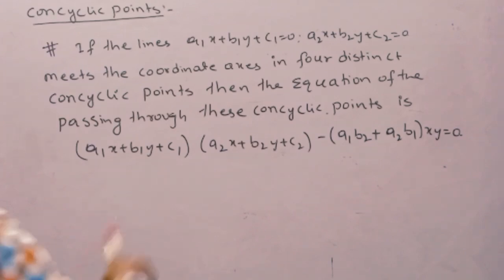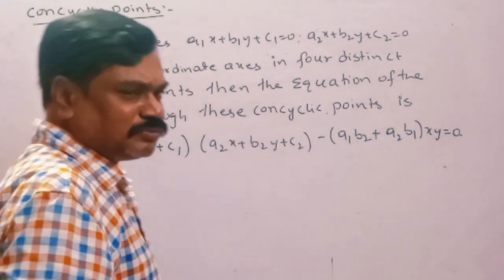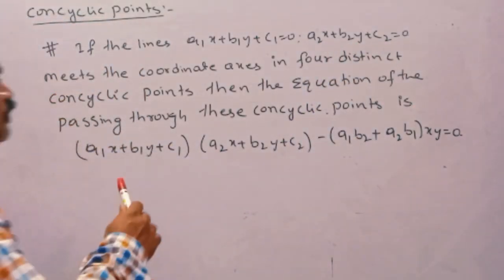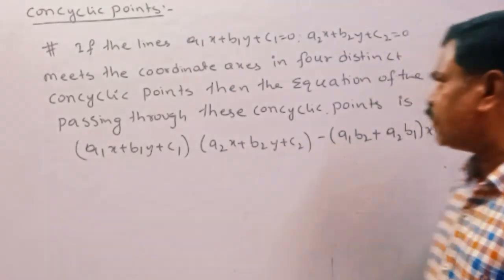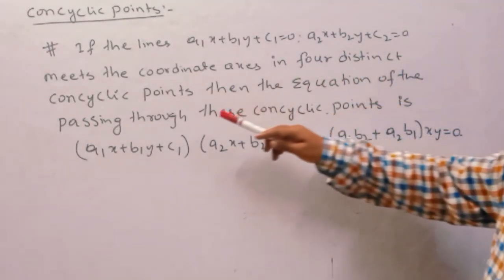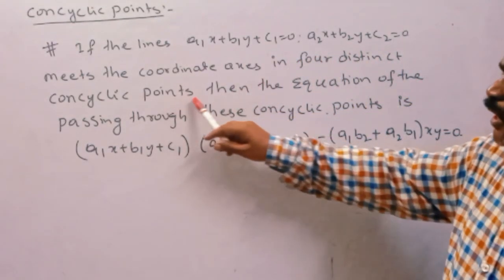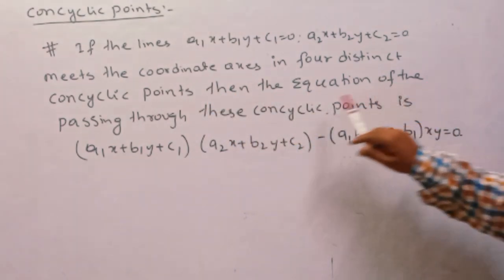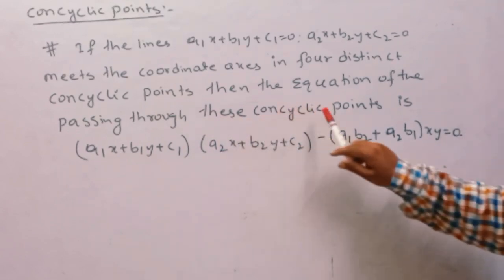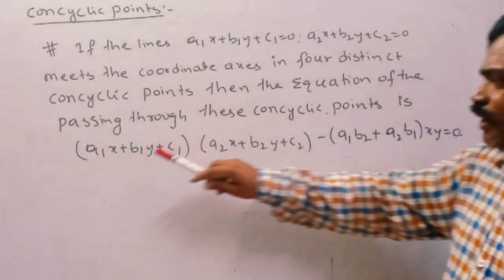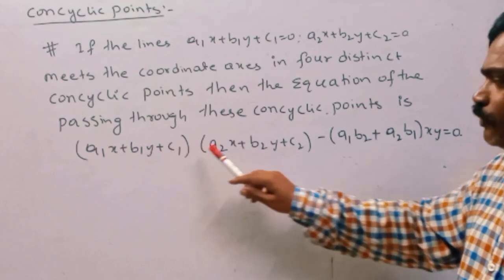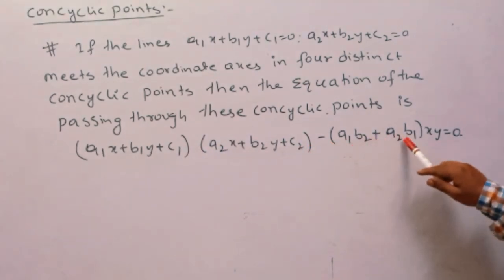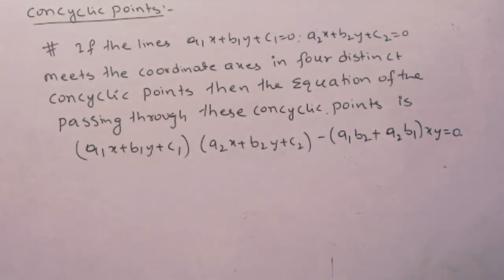If the lines a1x plus b1y plus c1 equal to 0 and a2x plus b2y plus c2 equal to 0 meet the coordinate axes in 4 distinct concyclic points, then the equation of the circle passing through these concyclic points is (a1x plus b1y plus c1)(a2x plus b2y plus c2) minus (a1b2 plus a2b1)xy equal to 0.